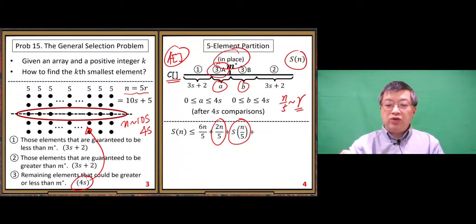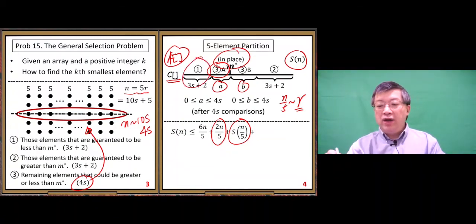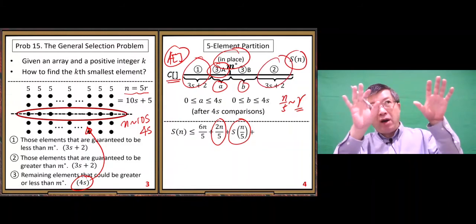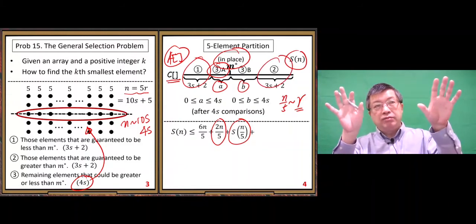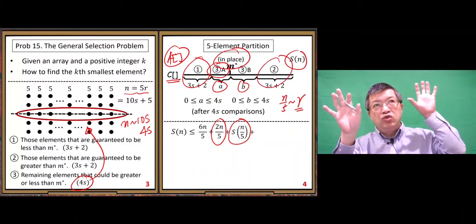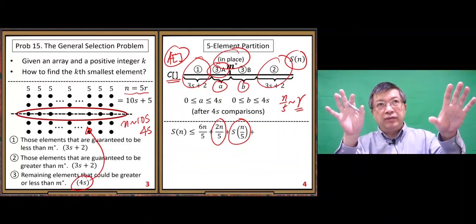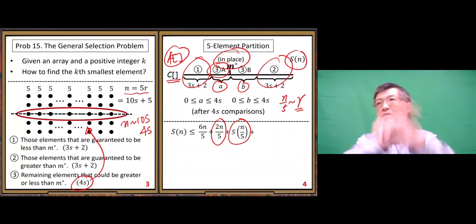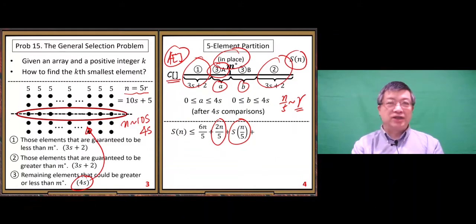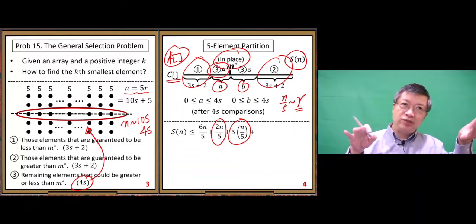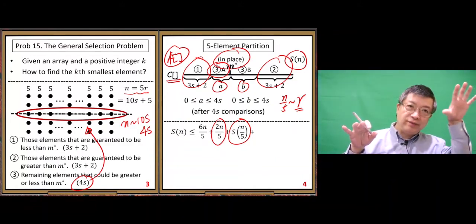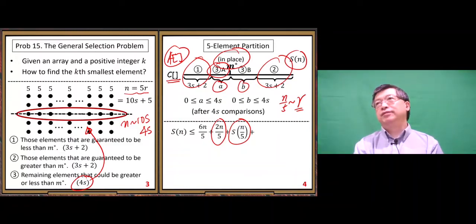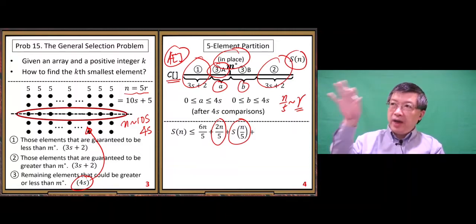Then elimination, the last step. We drop either block 1 or block 2, because one of the two blocks can be eliminated with 100% certainty: either the elements in that group are smaller than M star, or greater than M star.